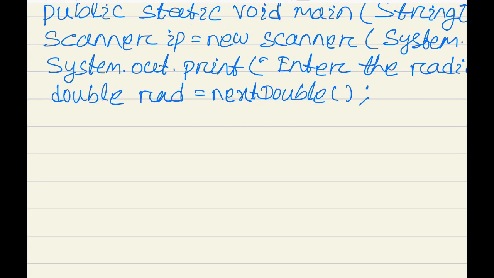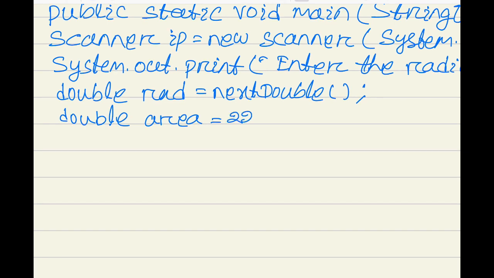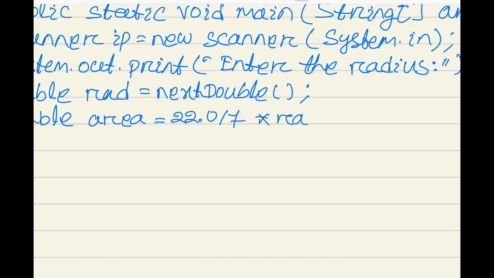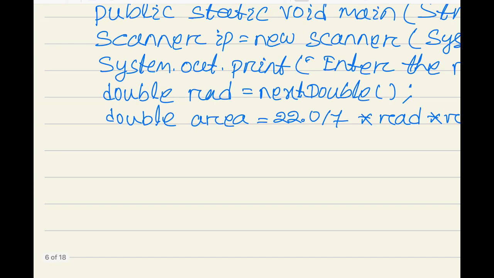So now we'll write double area equal to 22.0 by 7 multiplication radius. RAD is for radius, so here make this D.